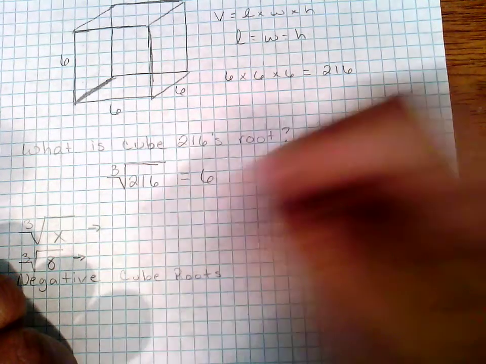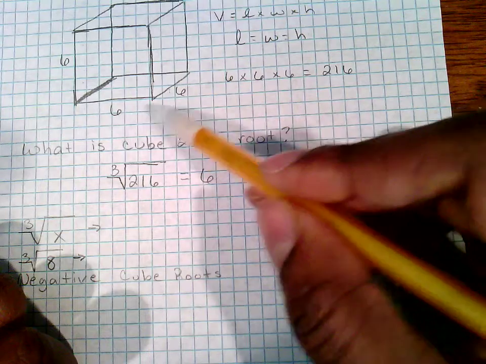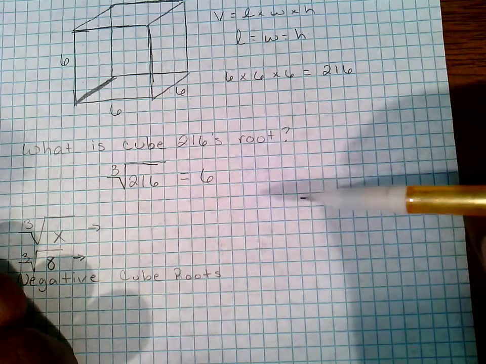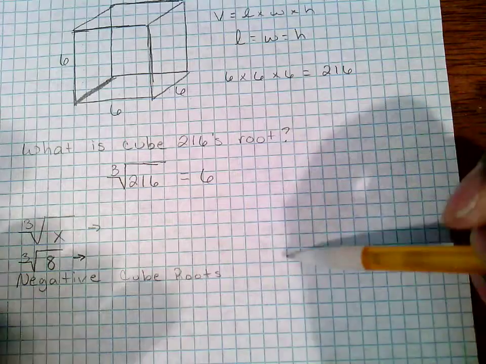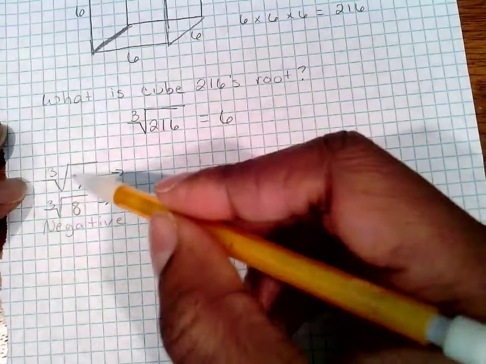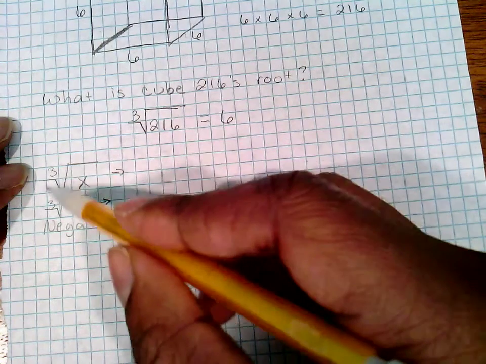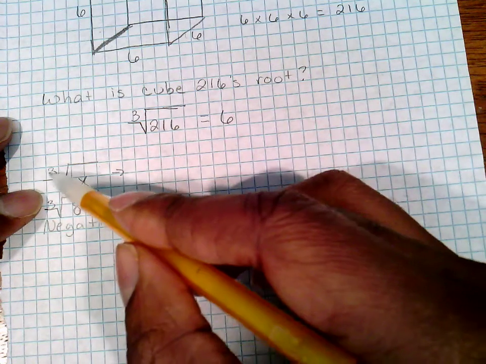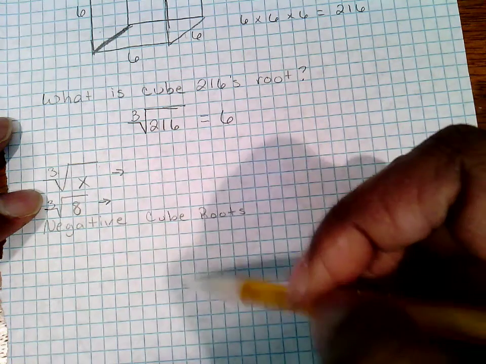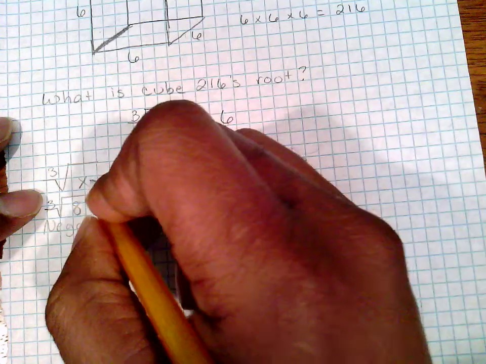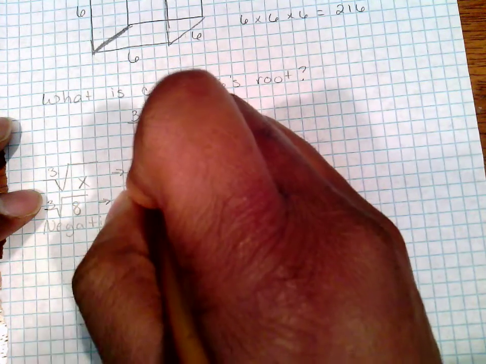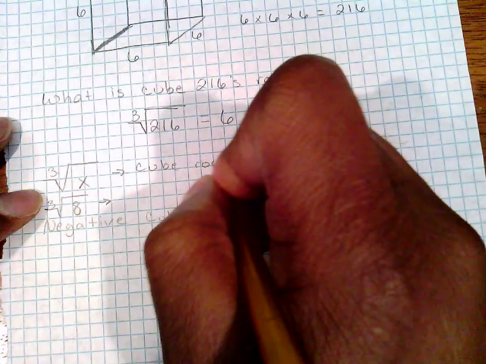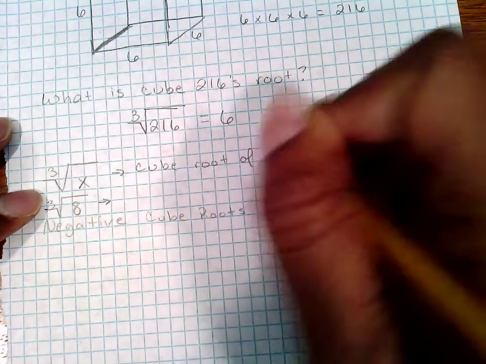It would be 6, because 6 would be the dimensions of the cube going all the way around. Now, the cube root of x, this symbol looks like the radical sign, which it is, except this time we have a 3 on the outside. And with the x on the inside, this will be pronounced as the cube root of x.